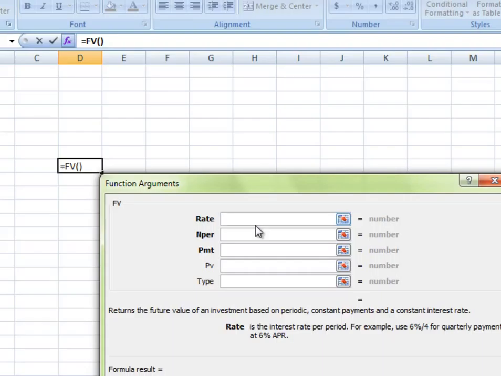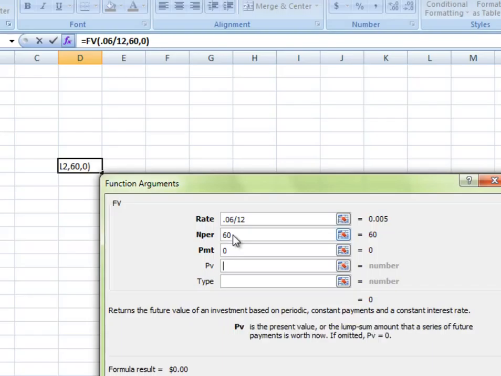So the rate, now remember what it wants, the periodic rate, so that divided by 12. And look, it calculates it for us right there. That's kind of cool. Now the number of periods, remember this happened 5 years for each month, so 12 times 5 is 60. The payment, now again, we didn't do any payments in, so this one's 0.